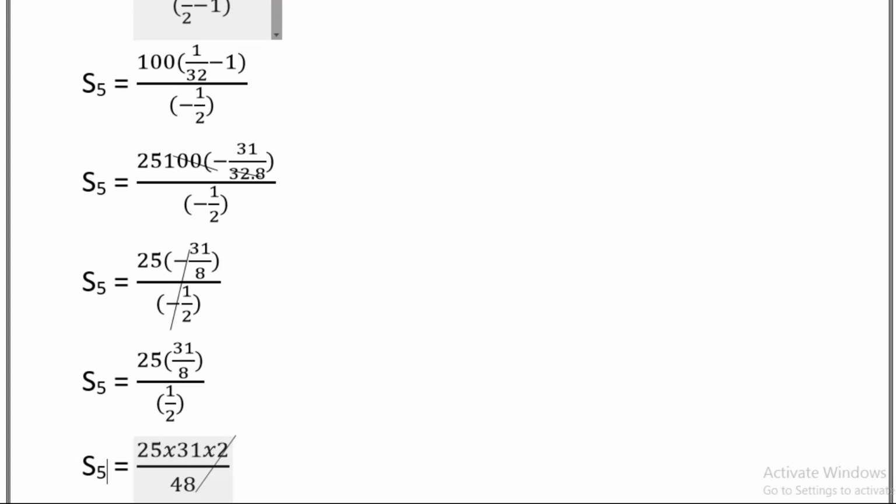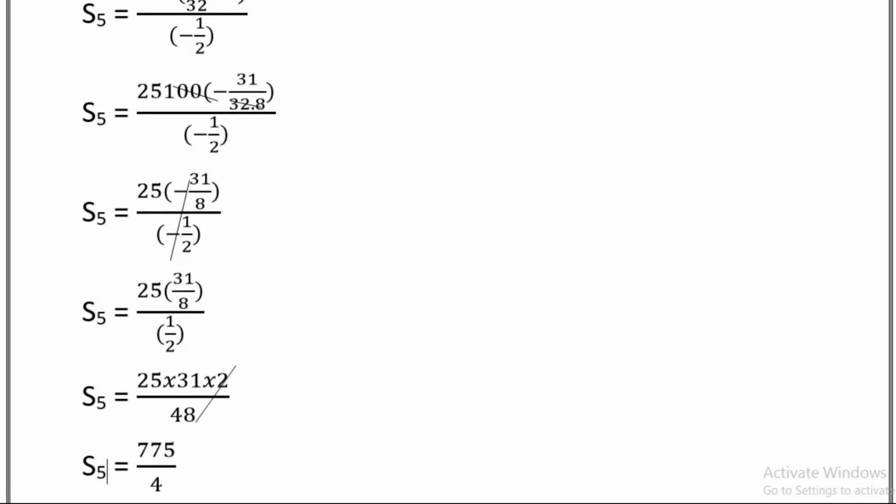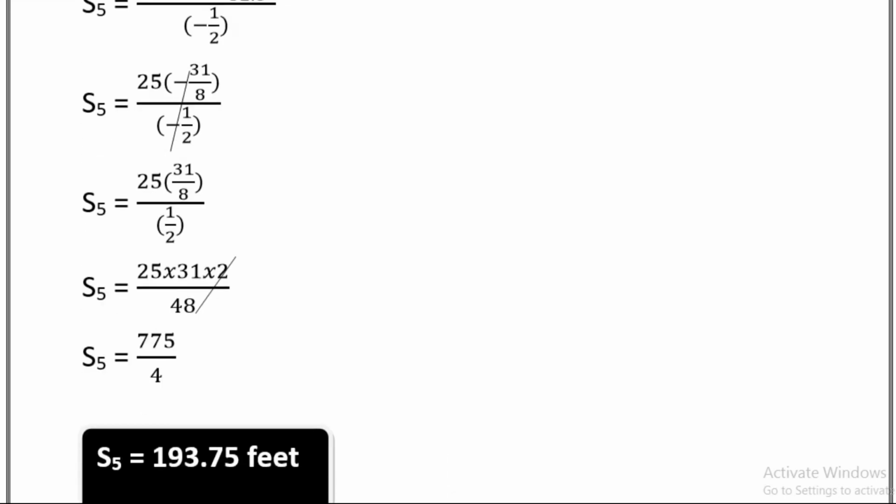So 2 times 4 is 8. So 25 multiplied by 31 is equal to 775 divided by 4. S5 is equal to 193.75 feet, which is the required solution.